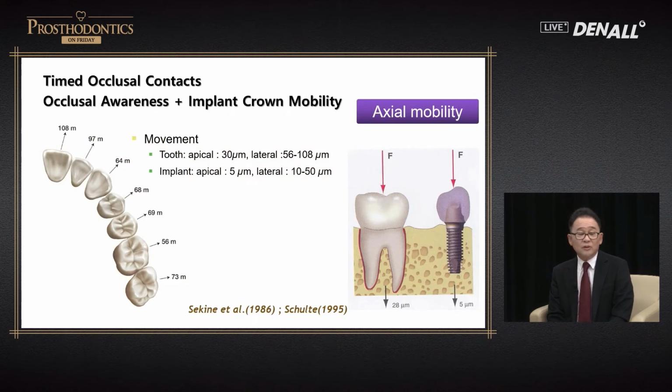As we know, natural teeth are mobile, so we do orthodontic treatment. Implants move, however, with very small lateral or axial movements. Timed occlusal contact is composed of occlusal awareness and implant crown mobility.